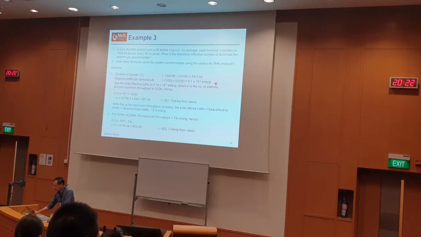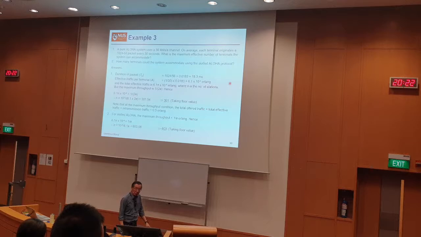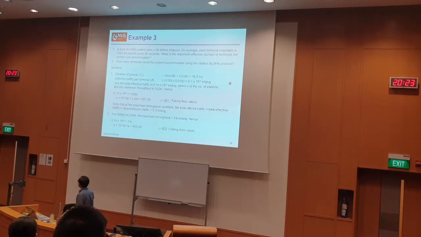Now we know that the maximum traffic that you can carry is 0.18. Right? We just proved it, maximum traffic, 0.18 erlang. So if there are n terminals, n times 6.1 times 10 to the minus 4 must be equal to 0.184, because it's the maximum you can carry of successful traffic.